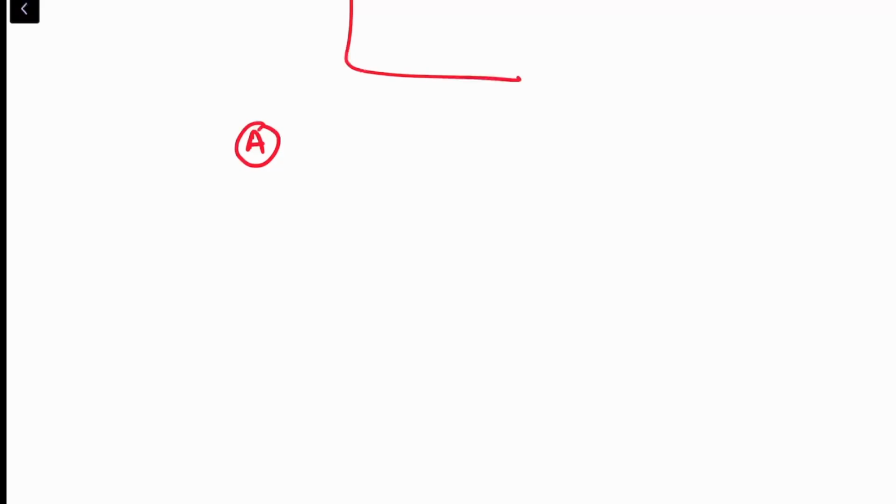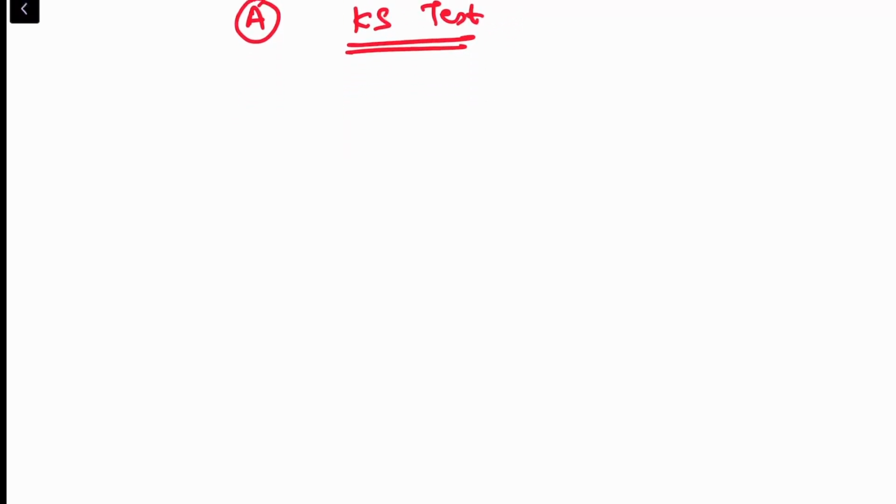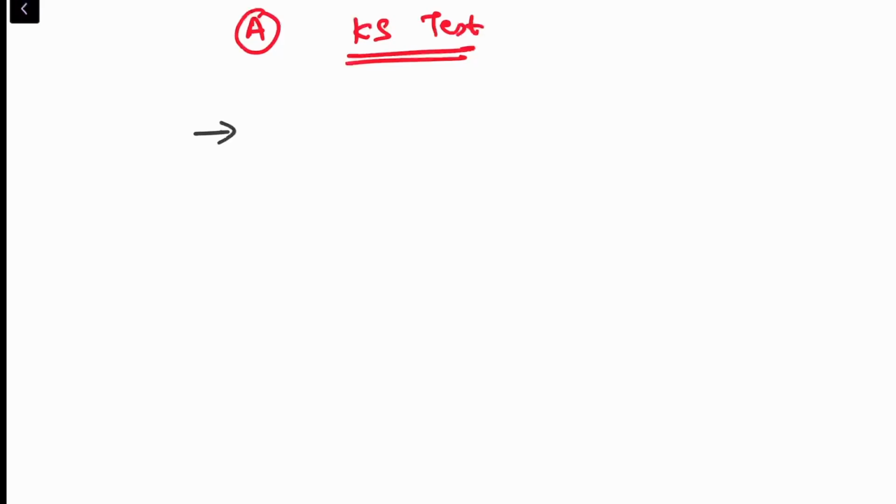So the first one is the Kolmogorov-Smirnov test. Let's call it the KS test. This is the first test. You don't have to do the test, but you need to understand what it is actually doing. Write down over here. The notes are very important; if you prepare the notes properly, these things will become much easier.